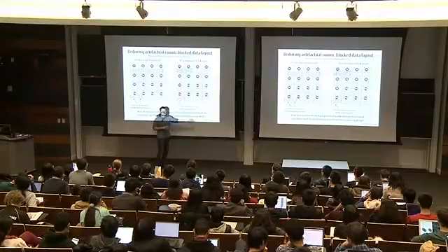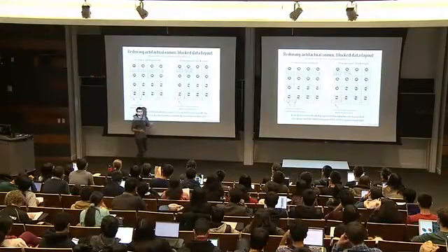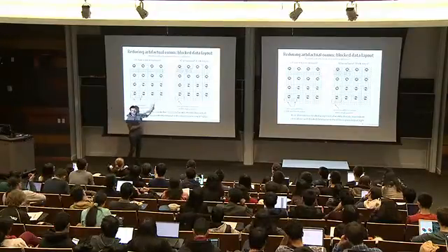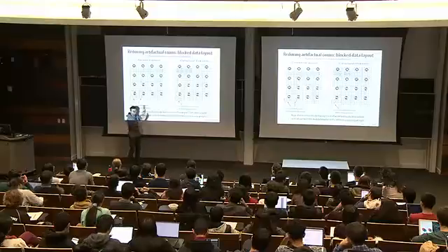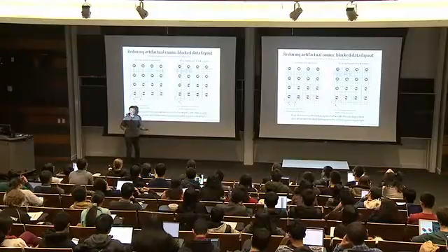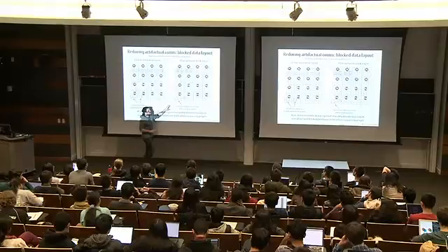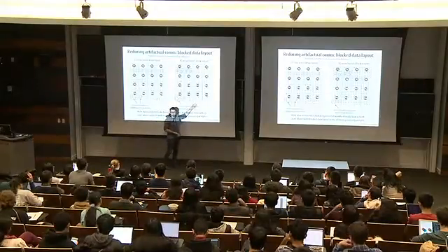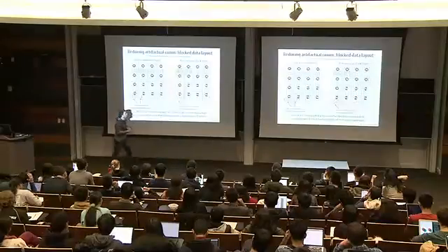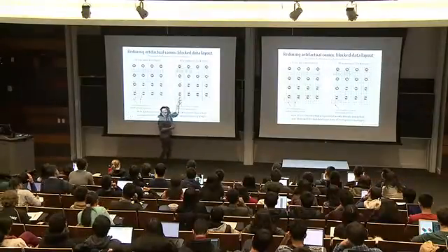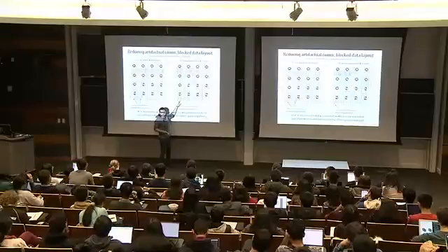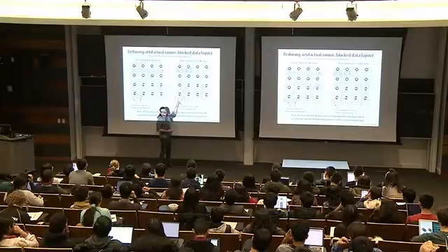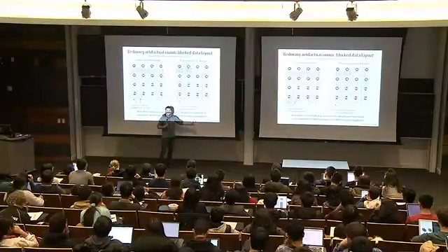Now keep in mind that a blocked layout is very different from a blocked decomposition. In both of these cases, I have tiled what work is assigned to each processor. Both of these examples have exactly the same assignment of work to processors. All I'm doing is changing what ij means in the address space. In this particular scenario, if my tile size doesn't happen to be a multiple of a cache line size, here all the elements that are assigned to one processor are now going to be consecutive in the address space.